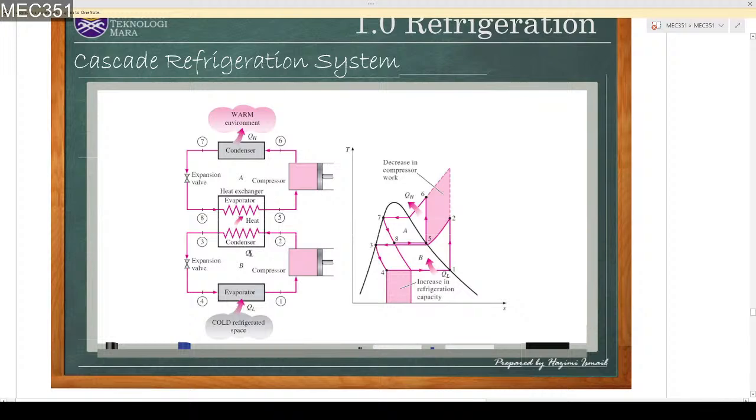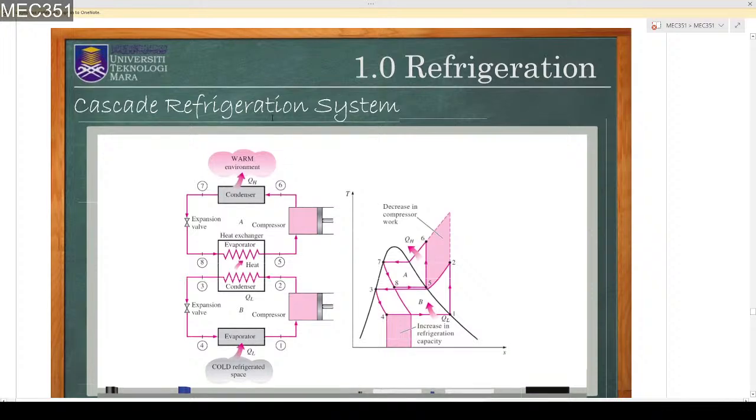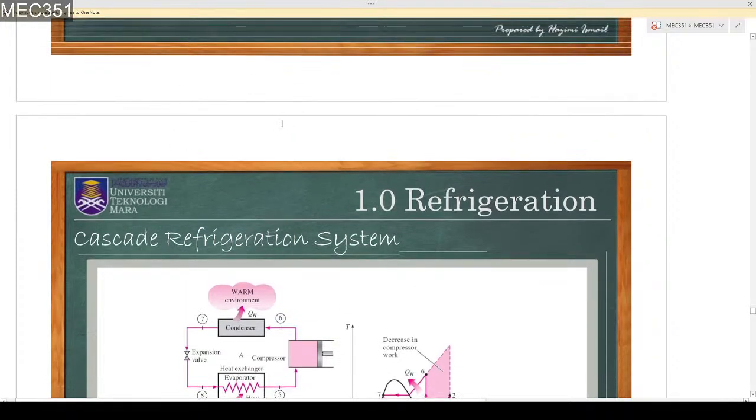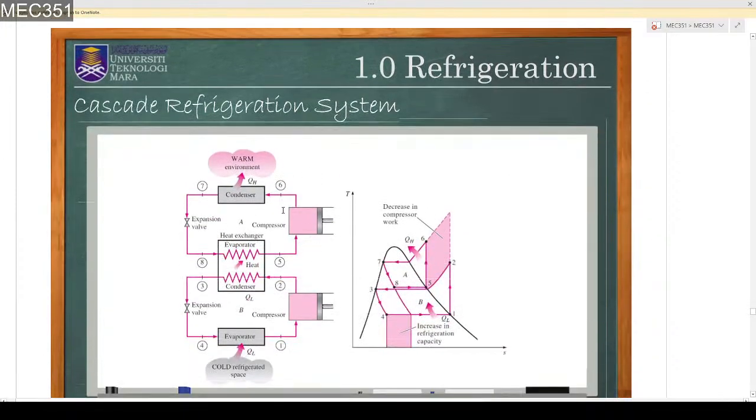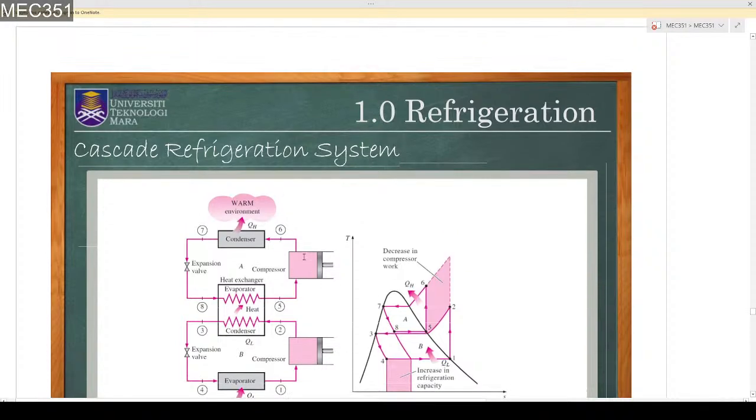The heat removed from system B will be absorbed by system A here. Then the normal vapor compression cycle occurs, and finally the heat will be released to the surroundings here. If you have 3 or 4 or 5 or more, then you just stack it until the number of systems that you want.